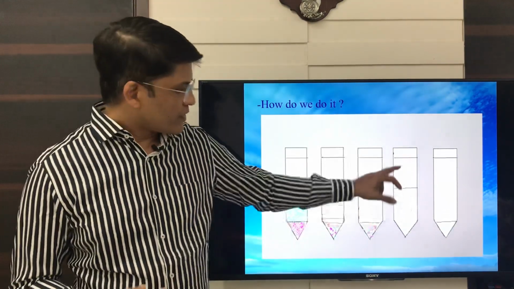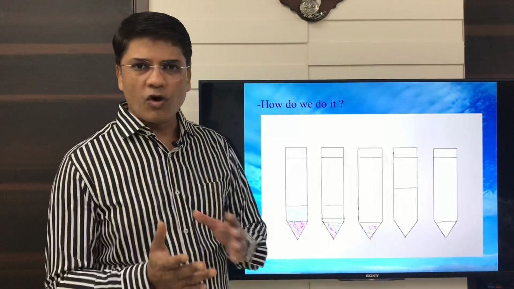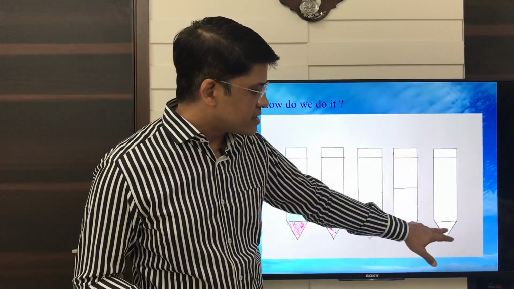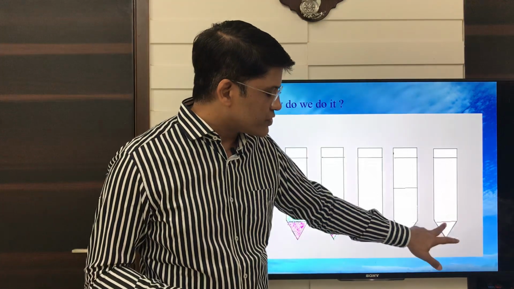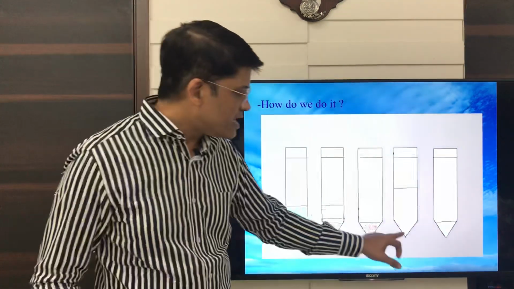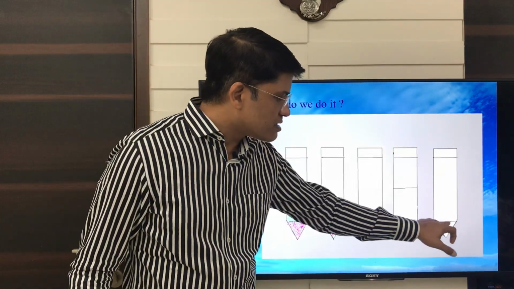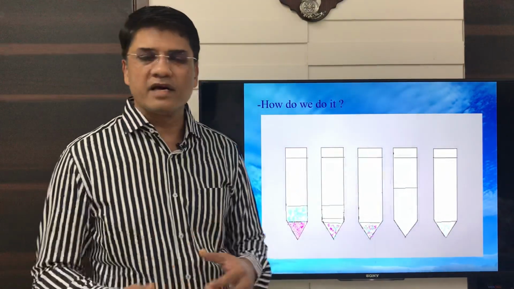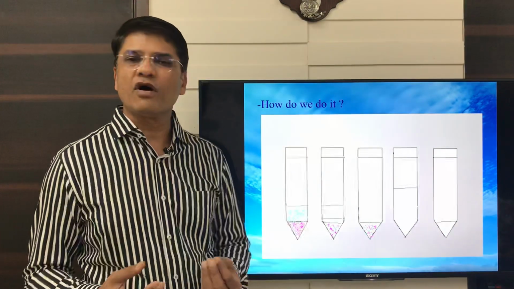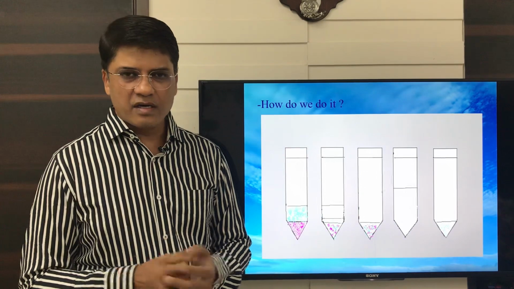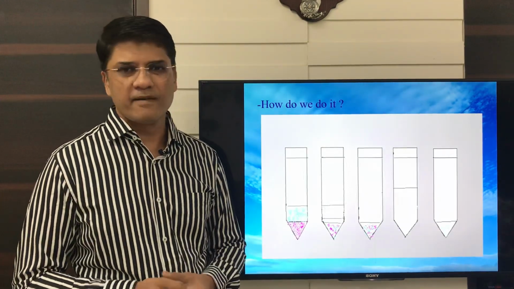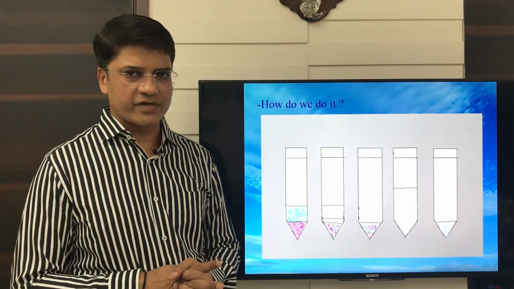All the sperm will try to reach the bottom, the same way, and after 5 minutes we will remove the uppermost layer, leaving 0.5 to 0.7 ml of media at the bottom. This contains the washing medium, the good sperms and a little bit of density particles, and after checking its count and motility, we can use it for insemination.